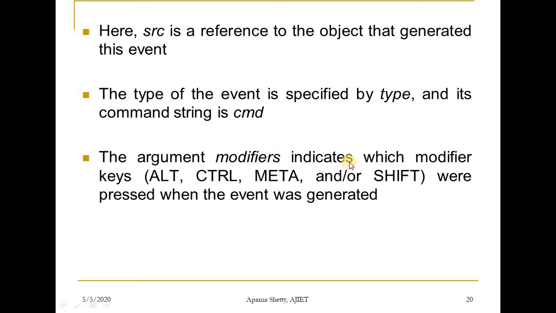The argument modifiers indicates which modifier keys were pressed when the event was generated. So if you press the alt key, or the control key, or the meta key, or the shift key, when the event was generated, that is represented by this argument modifiers.